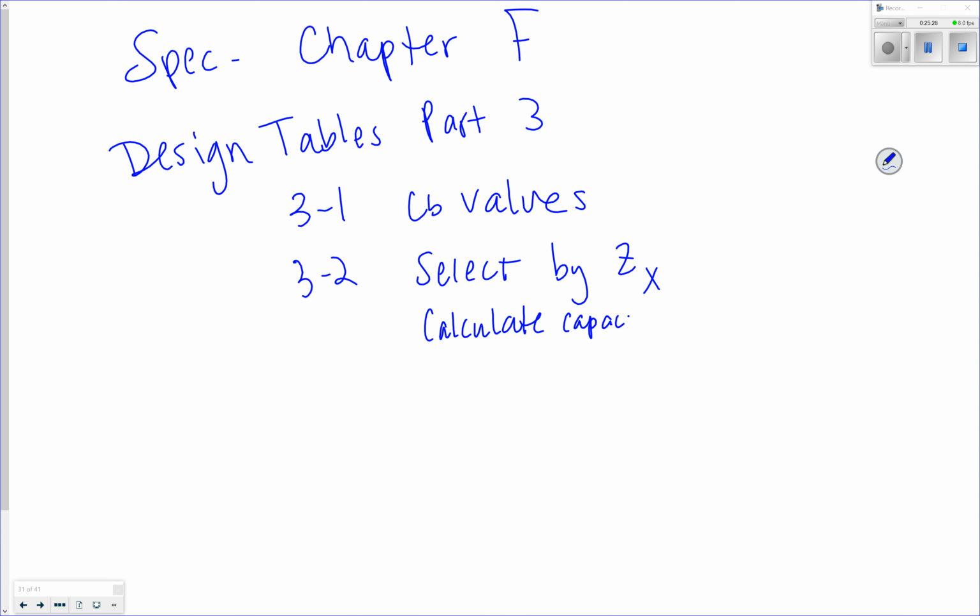If I want to calculate my capacity, provided Fy of 50 ksi and a Cb of 1.